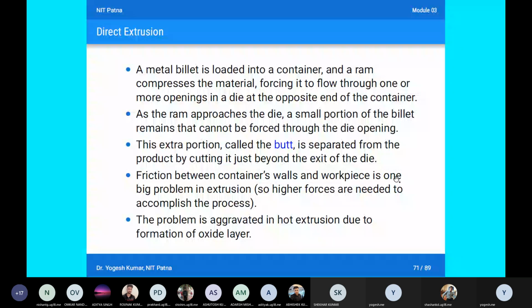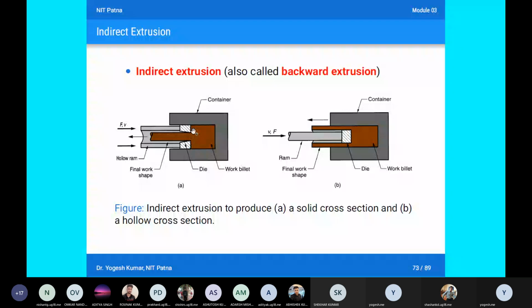But since in indirect extrusion there is no relative motion between the surfaces of your work billet and your die container, this friction phenomenon is reduced, or there is very slight friction. So obviously in indirect extrusion, the force required to extrude the work billet is less as compared to direct extrusion processes.